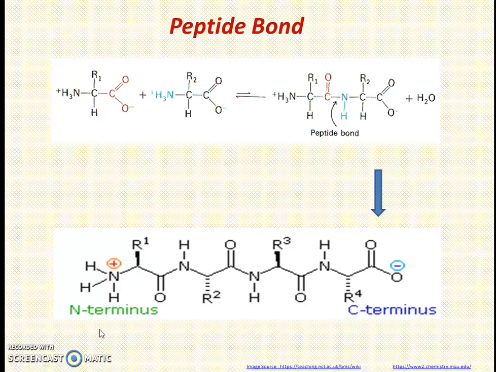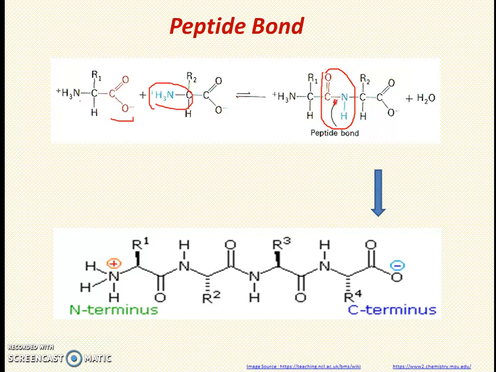After watching the essential and non-essential amino acids, let's see the peptide bond formation, which is very important. A peptide bond is formed between the carboxyl group of the first amino acid and the amino group of the next amino acid, the second amino acid. A water molecule is removed in this, forming a bond between CO and NH.